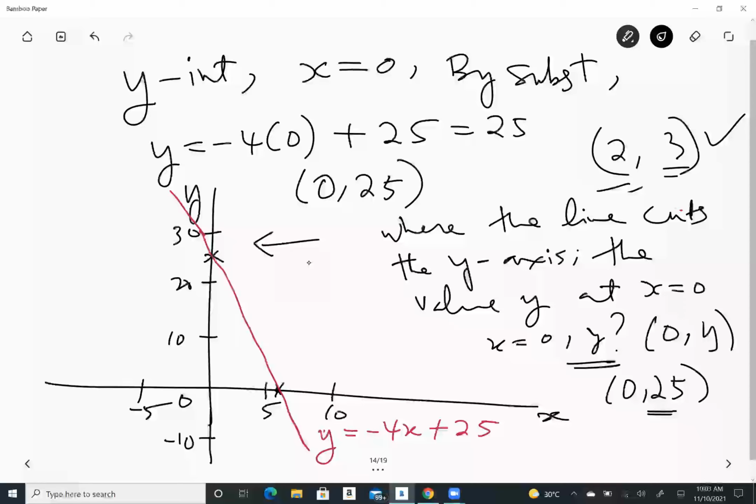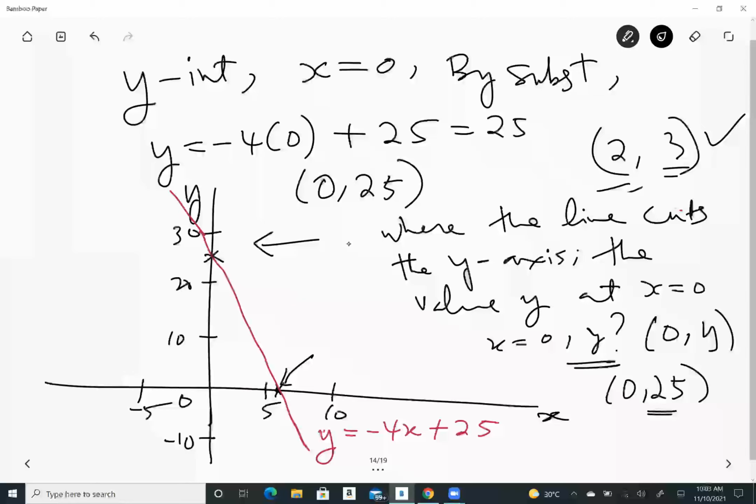All right. So in that sense, we can also look at the other point, where it cuts the x-axis. What do we call it? We call it the x-intercept. So the x-intercept can be described as the point where the line cuts the x-axis.